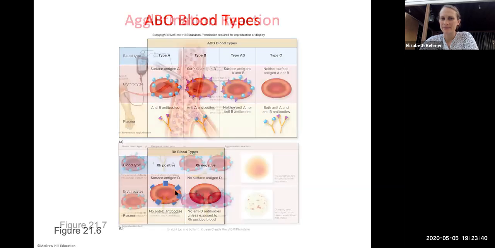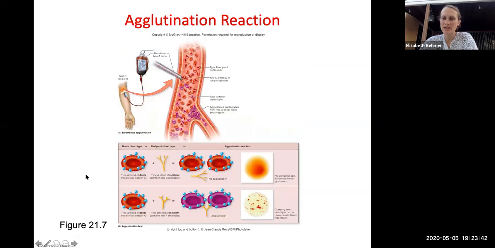All right. This is what happens in a bad blood transfusion. We call this agglutination. So if we have a donor and a recipient blood type, let's say type A blood of a donor matches with type A blood of a recipient, which contains anti-B antibodies.